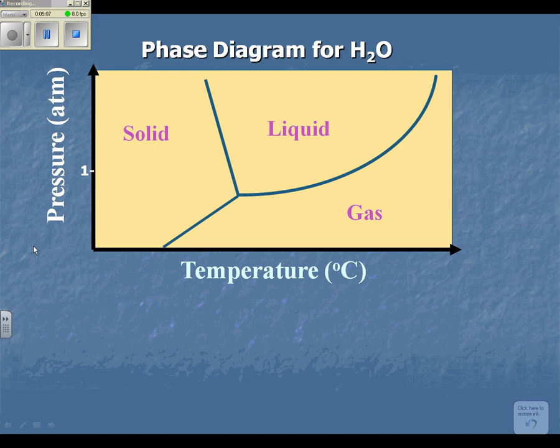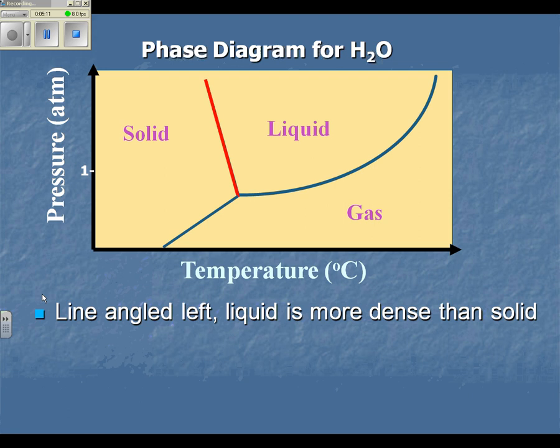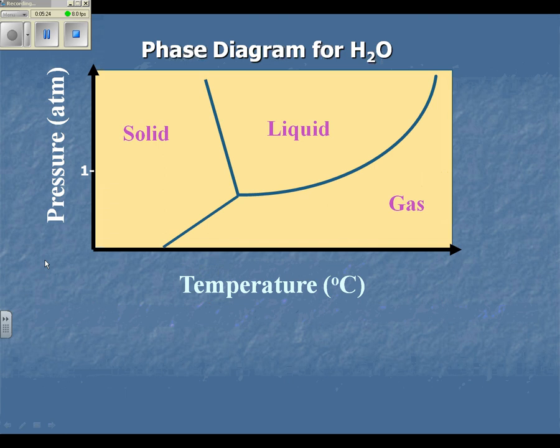Then we go back to water. Notice that that solid-liquid line is leaning to the left, and left lean, liquid is more dense. This is really with water, but you can tell the density of solid and liquid based on the angle of that line. All right, now, normal freezing point. When they say things are normal, that means it is at standard pressure.